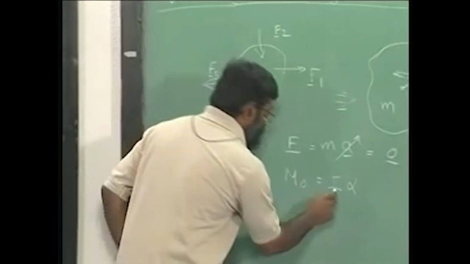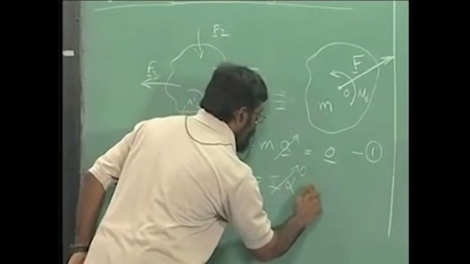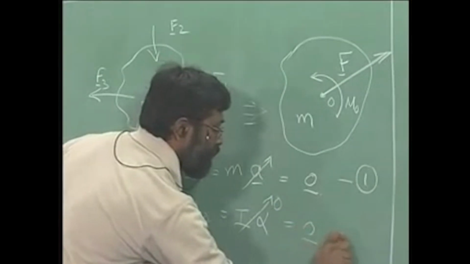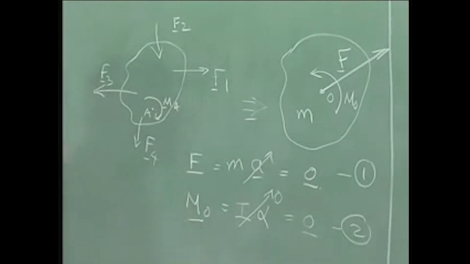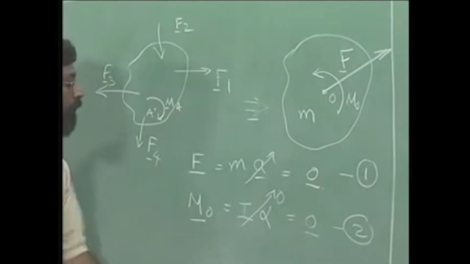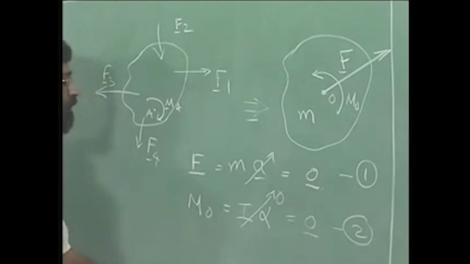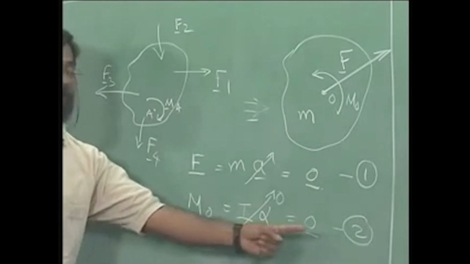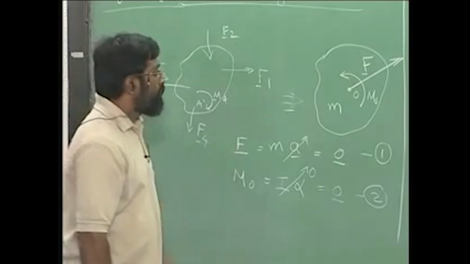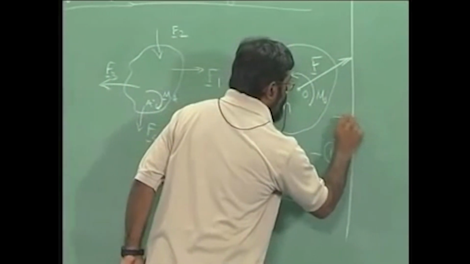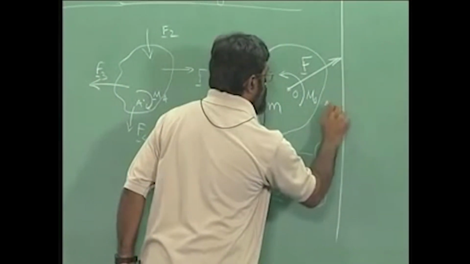And this is also equal to 0 in a condition of statics, which means we get these two vector equations. This is only one particular direction, and therefore we are just going to make it a scalar equation, and this will have two components, an x direction and a y direction.